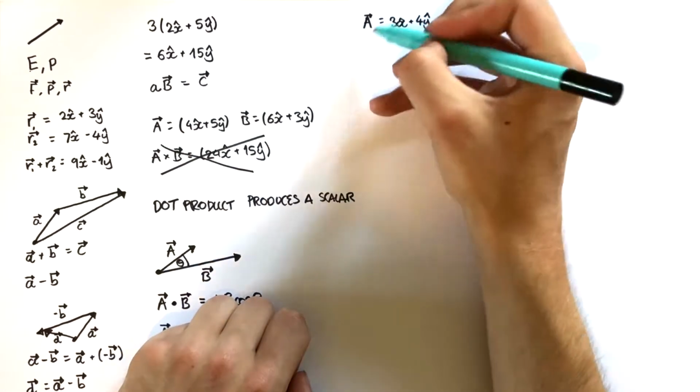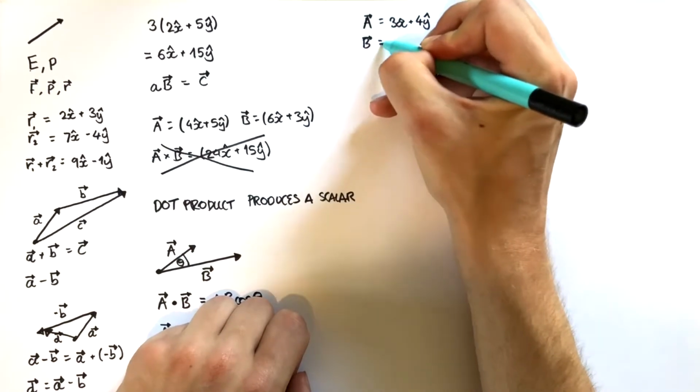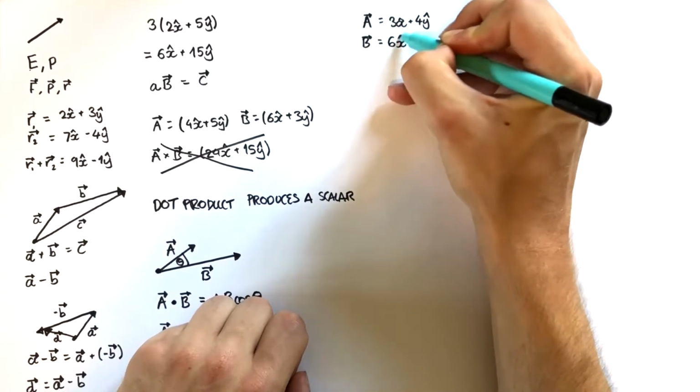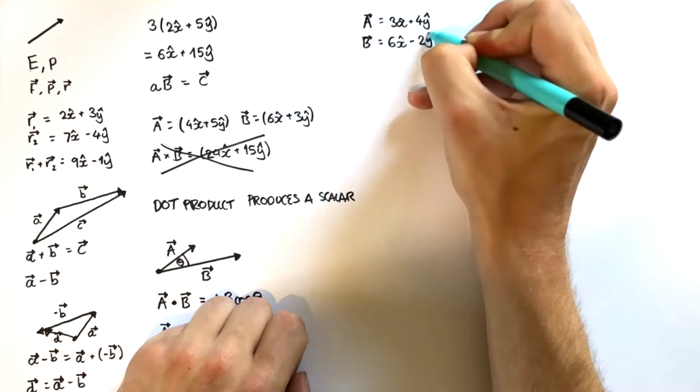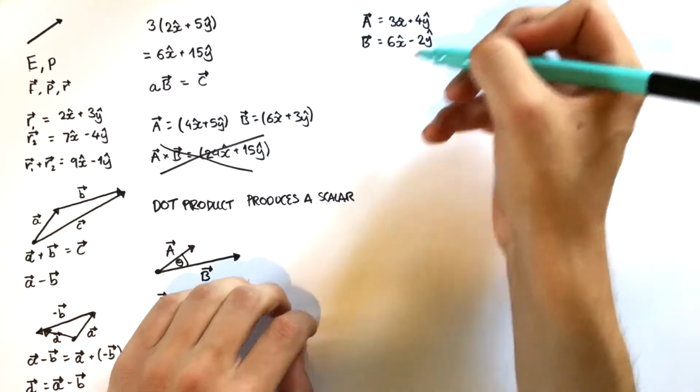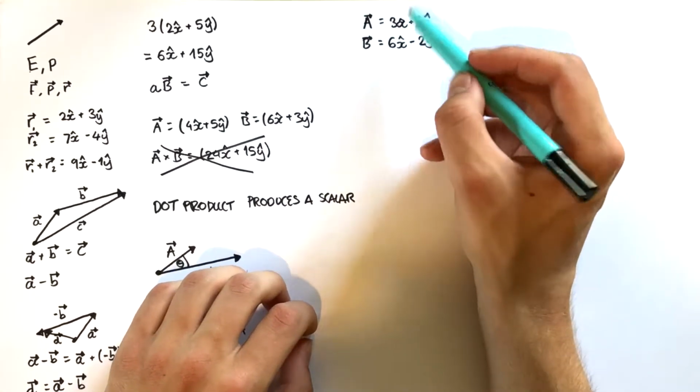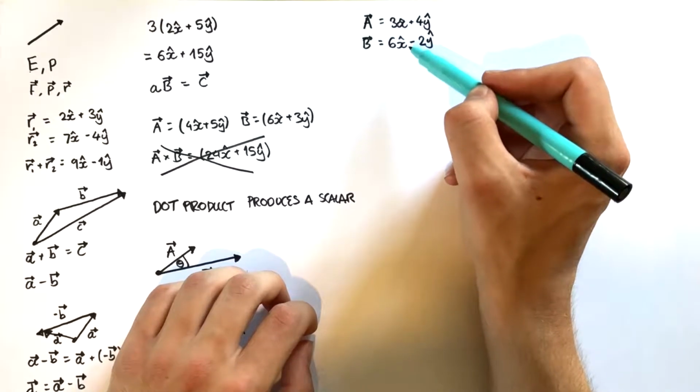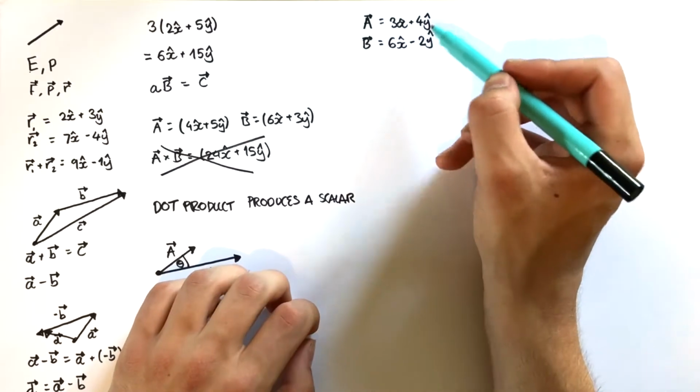And we have another vector b, which is 6x hat minus 2y hat. Now to work out the dot product, we have to multiply both of the x components and then add that to the product of the y components.